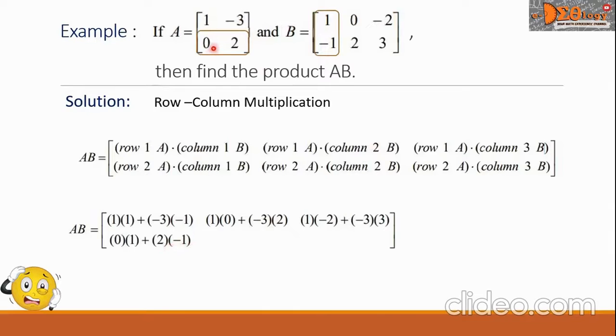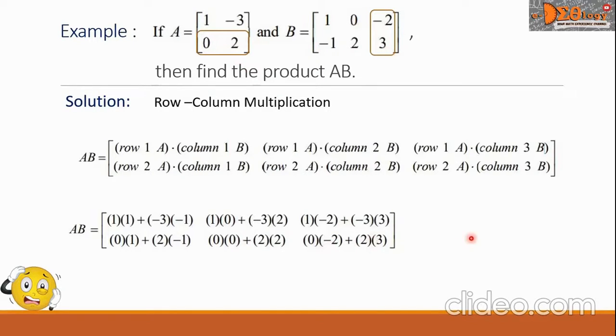Fourth element, 0 times 1 plus 2 times -1. Next, 0 times 0 plus 2 times 2. Then 0 times -2 plus 2 times 3.